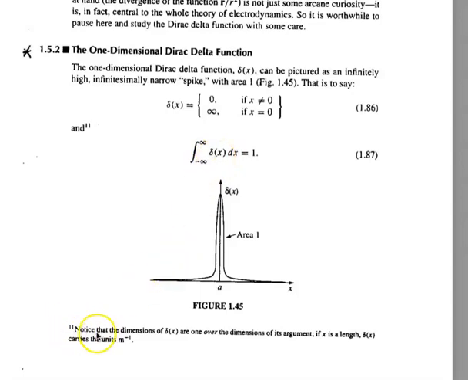He makes that comment here. Notice that the dimension of delta x is one over the dimension of its argument, and x is the argument here. Okay, so it's inverse meters.